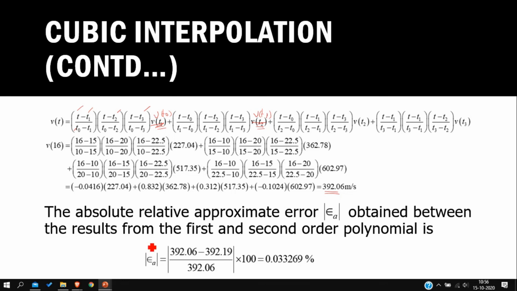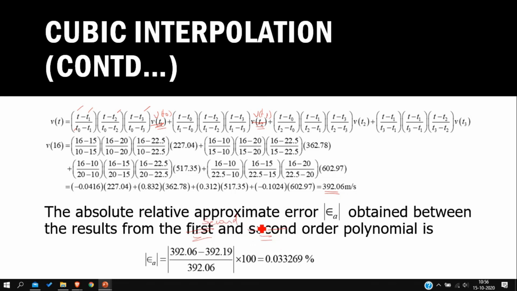Okay, now we find the absolute relative approximate error, epsilon a, obtained between the results from the first and second order polynomial. Sorry, this is not first and second order, this is the second and third order polynomial.